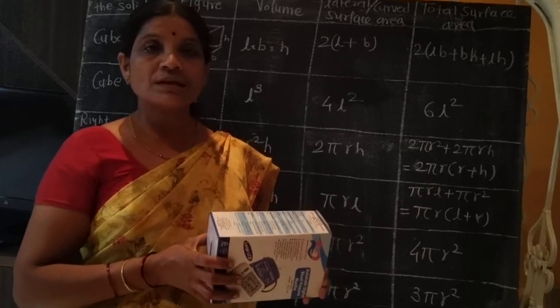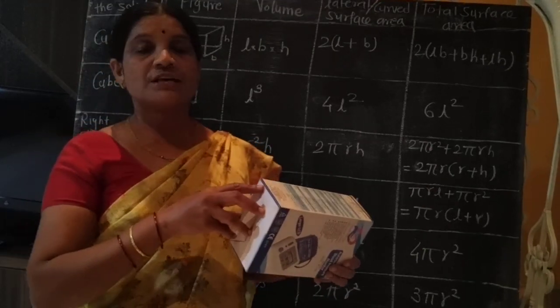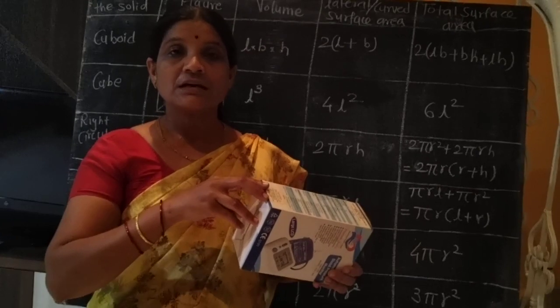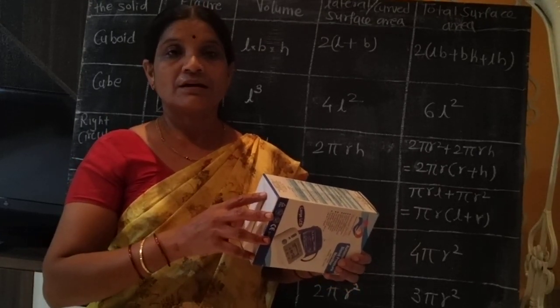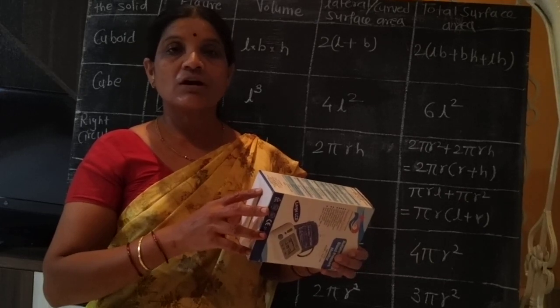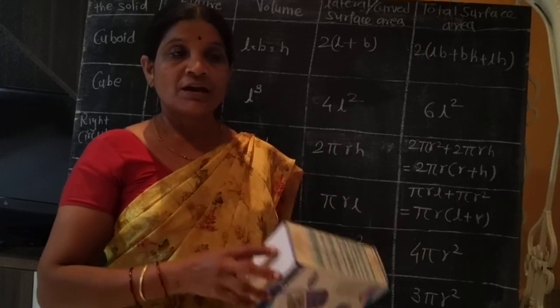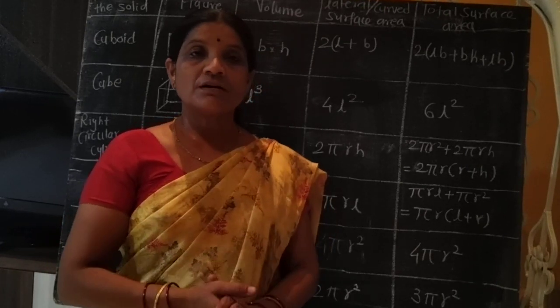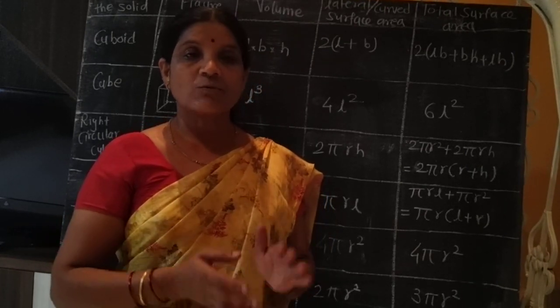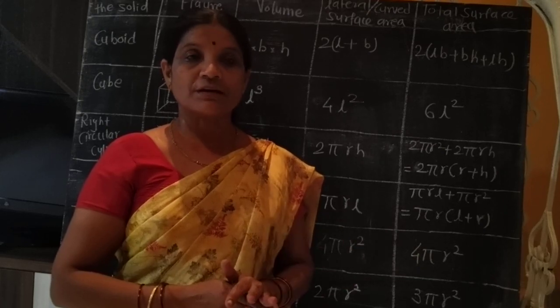And volume means the space occupied by the object, the space available in it, and that is called its volume. Now here we are learning about the surface area and volume of some solid figures.